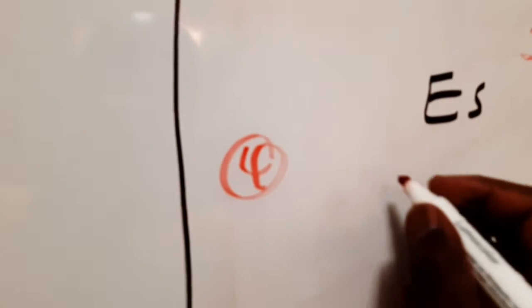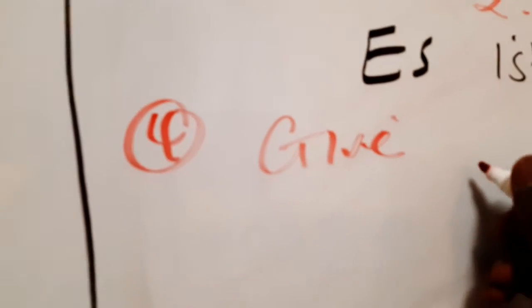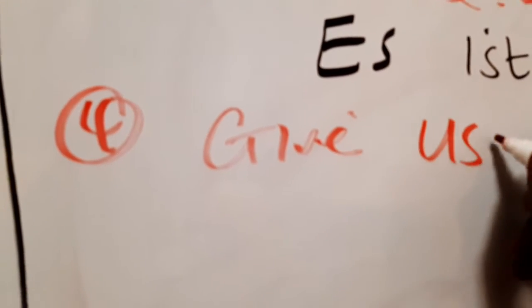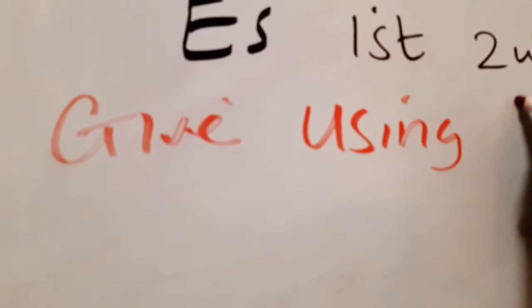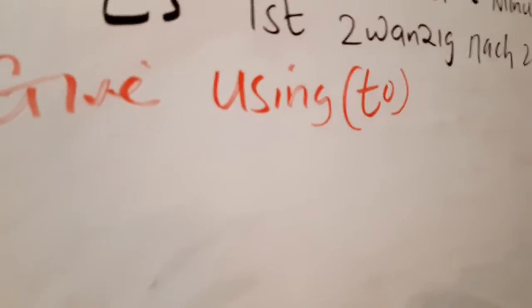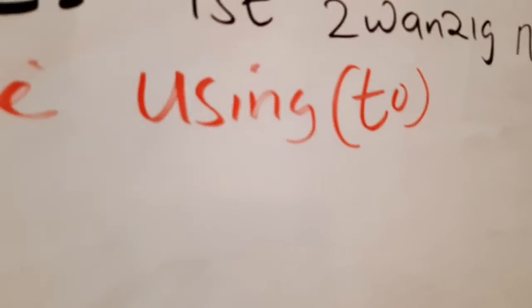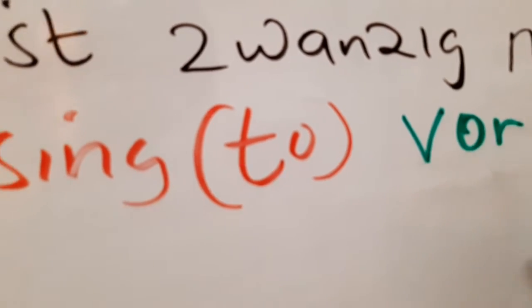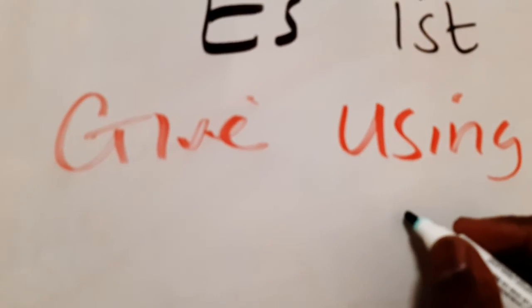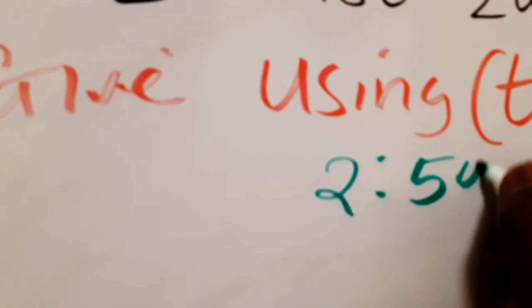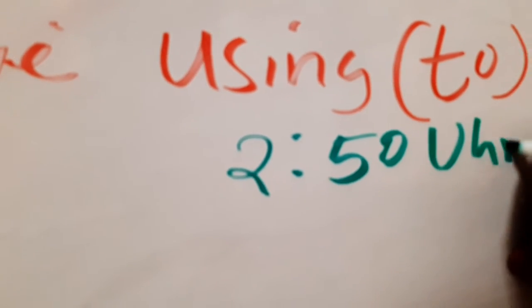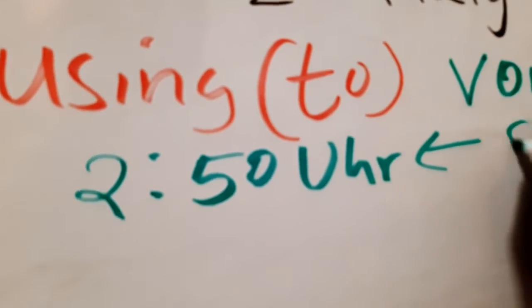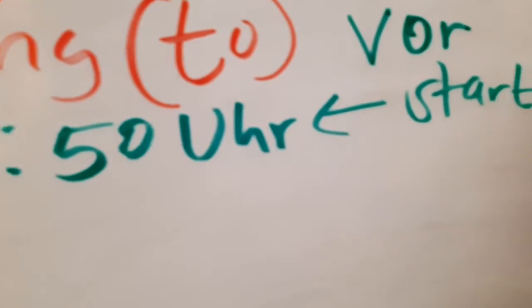Number 4, if you want to give time using to, for example. So if you use to, that means it's vor. So you can say, if, for example, it's 2:50 Uhr, the same case here, you start with minutes.